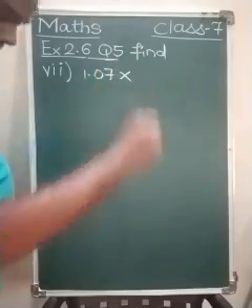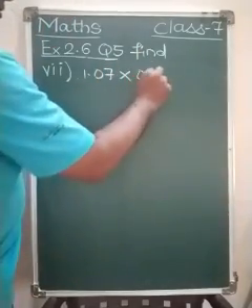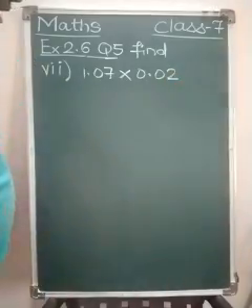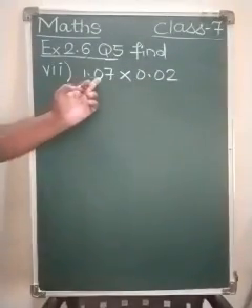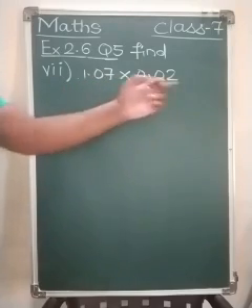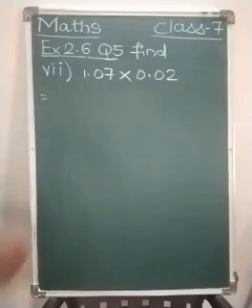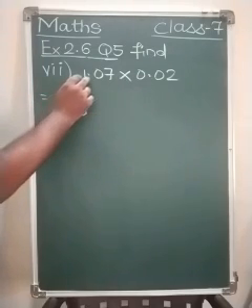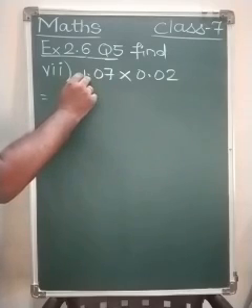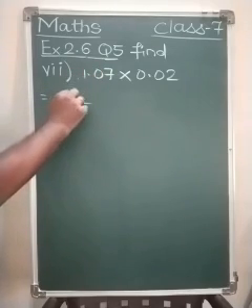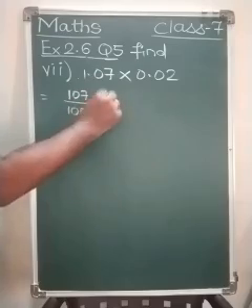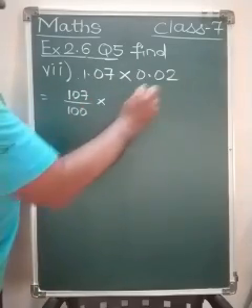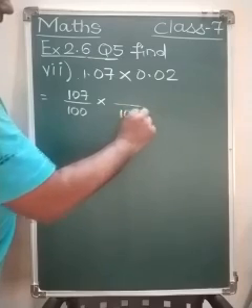1.07 multiplied by 0.02. Now here there are two decimal places, here also two decimal places. So how are we going to write it? Two decimal places, so upon 100, and write down this number without decimal point. 107 upon 100 multiplied by 0.02, so 2 upon 100.